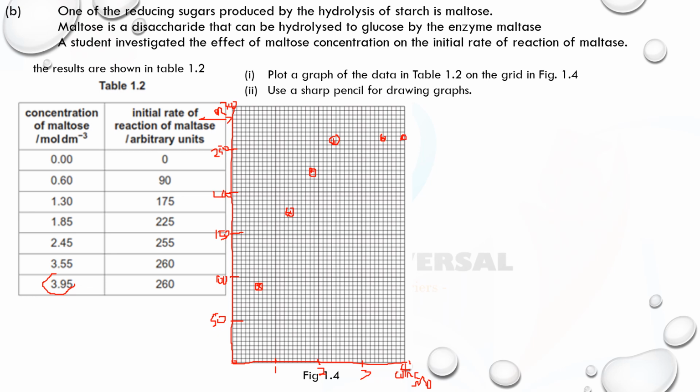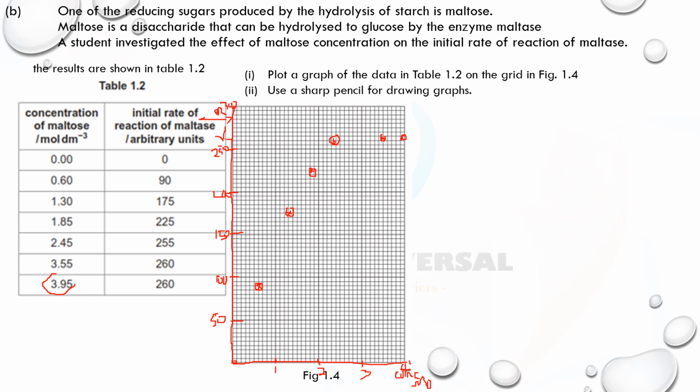So that means 260 is our Vmax. If you trace this, 260, which is 2 boxes, this is our Vmax. Vmax is 260.